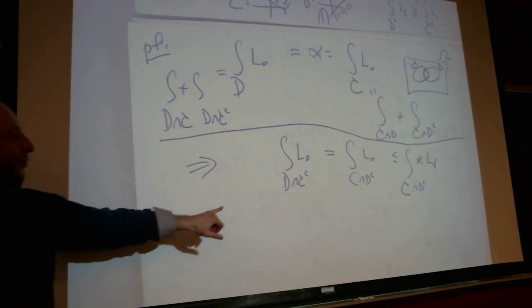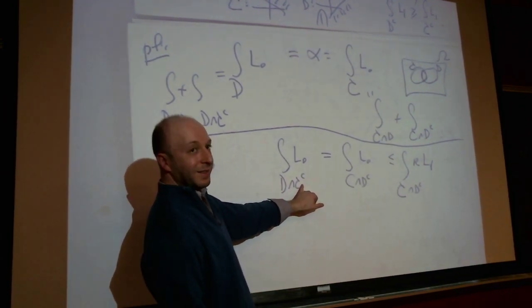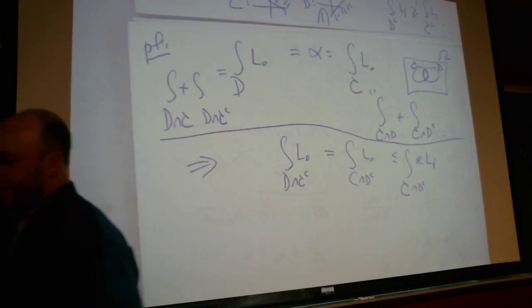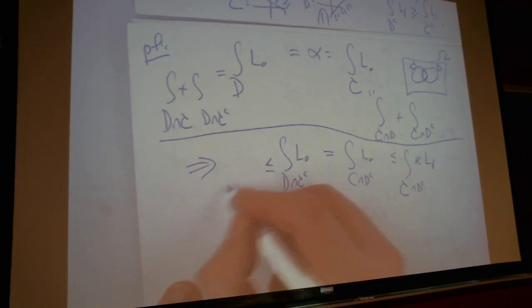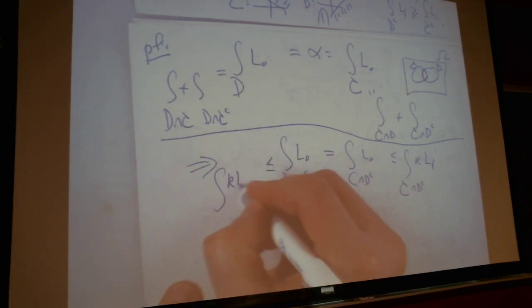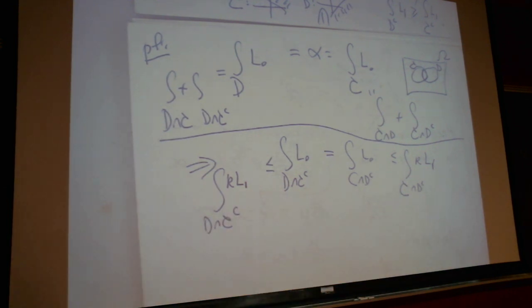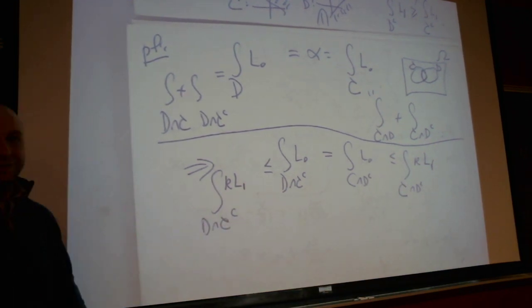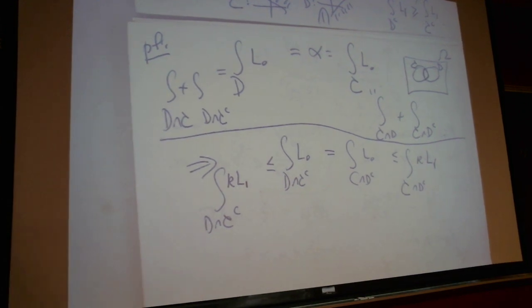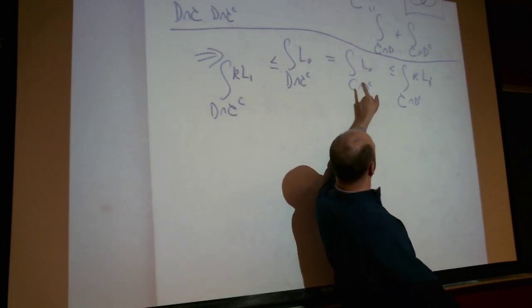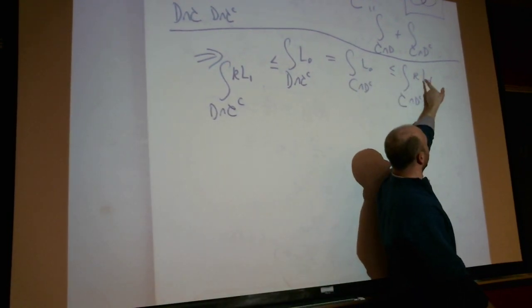When we're outside the critical region, when we're in C complement, L0 is bounded below by the same constant times L1. So this is bounded below by the same constant times L1, now integrated over some region that's inside the complement of the critical region, C. So now we've used both assumptions on C. We've used the assumption that inside C, L0 is bounded by a constant times L1.